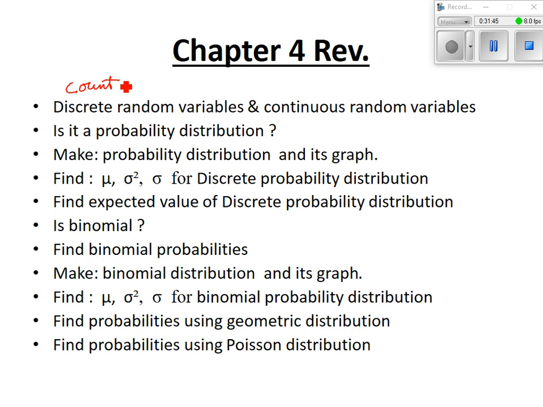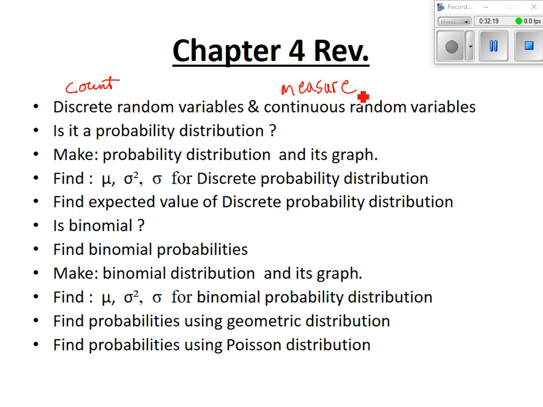So continuous is something that's sort of measured, something you'd have to measure. As far as continuous goes, did we deal with continuous anymore after that first section? That's next chapter. All you had to be able to do was decide if something was discrete or continuous. Now, the discrete, we went over all those throughout the chapter.